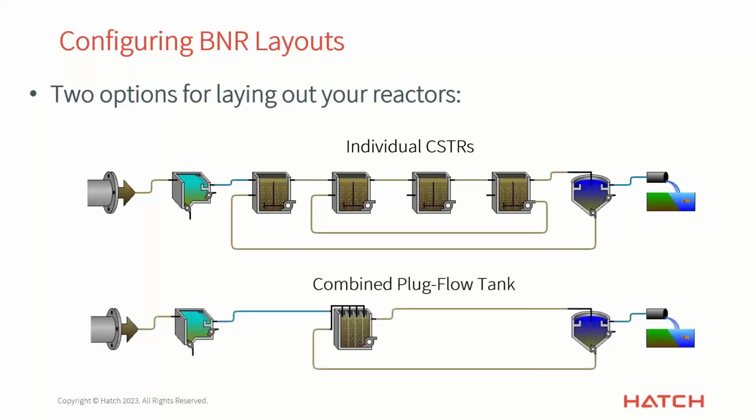The other way to do it is to use a single plug flow tank. And in that case, the plug flow tank represents a number of CSTRs in series, and you can set them to be any number that you like. So these are two completely equivalent ways of doing it. It's really just about how it looks in terms of the information that you're going to display and the way that you're going to tell GPS-X how to set things up.